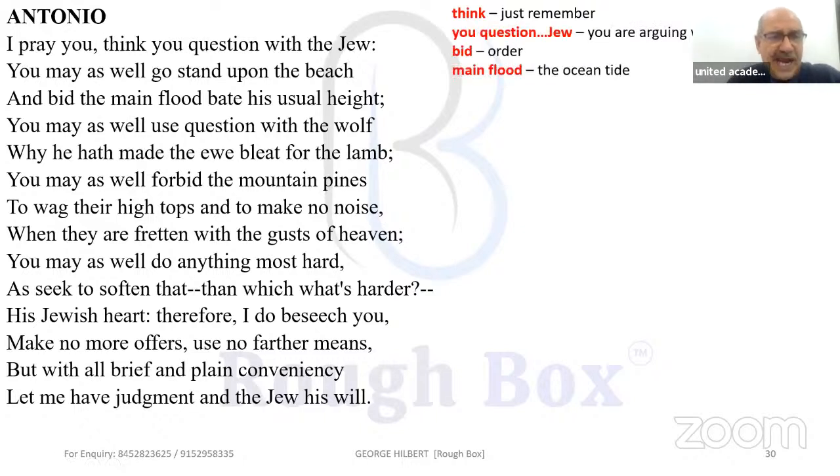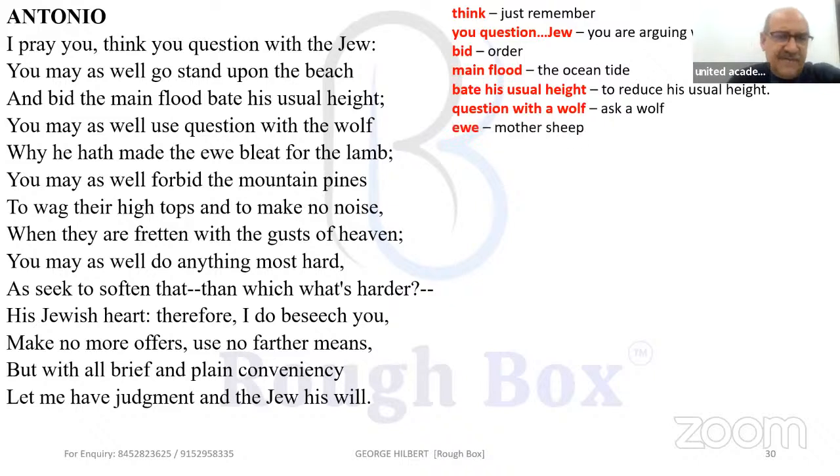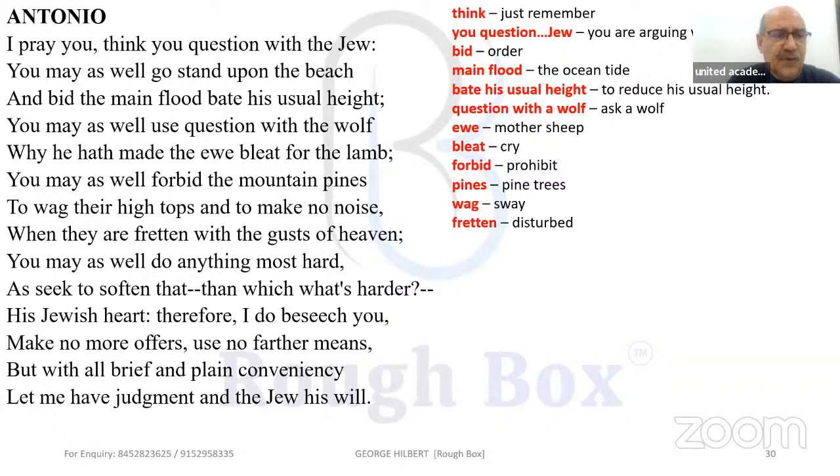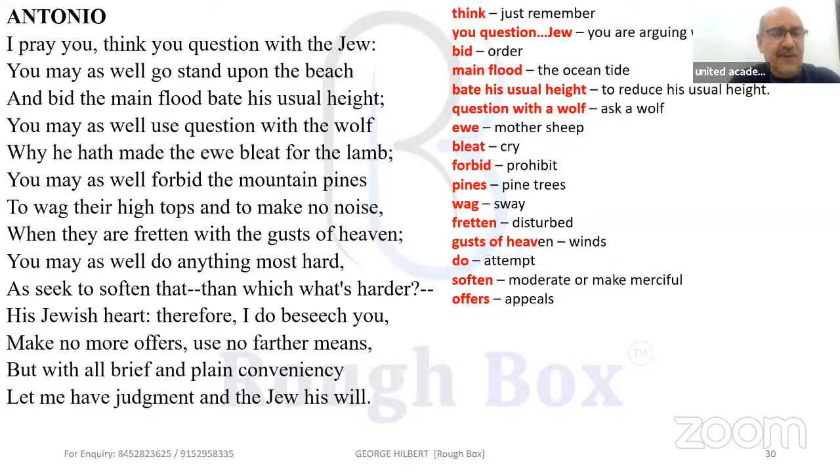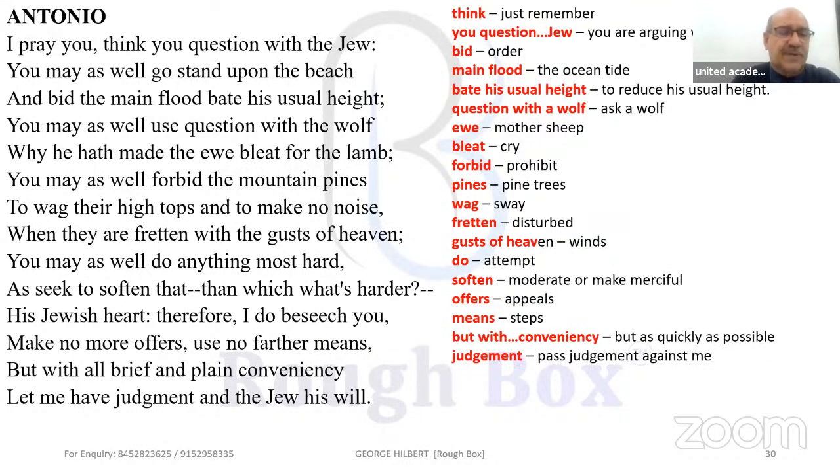You may as well go stand upon the beach and bid the flood bate his usual height. You may as well use question with the wolf, why he made the ewe bleat for the lamb. You may as well forbid the mountain pines to wag their high tops and to make no noise when they are threatened or disturbed by the gusts of wind coming from heaven.